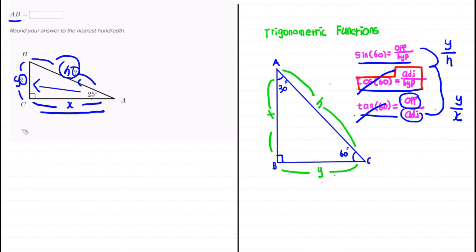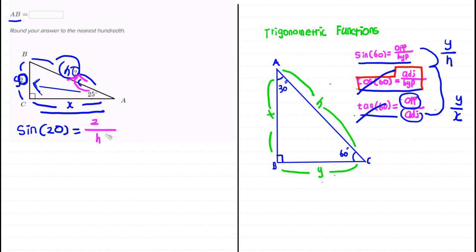So if you were to make an equation for this problem, it is sine of 20 is equal to the opposite side, which is y, and we can replace it with 2, over the hypotenuse, which is this value, and we don't know it yet, so I will put it as a variable h.